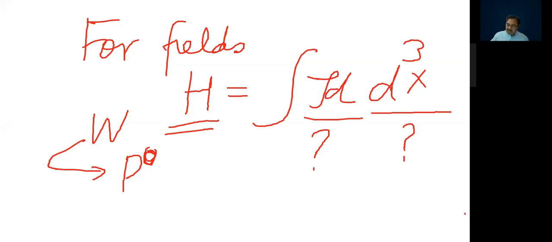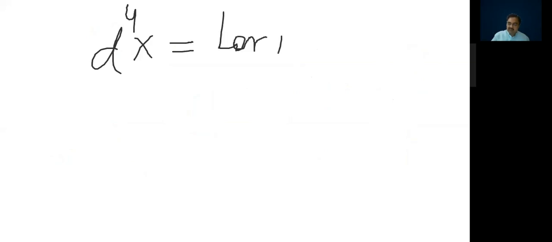Try to write it down as follows. This d3x is the volume element of the spatial region, right? dx1 into dx2 into dx3. So what we see is that d4x, on the other hand, is Lorentz invariant. We all know that this is a Lorentz invariant quantity.